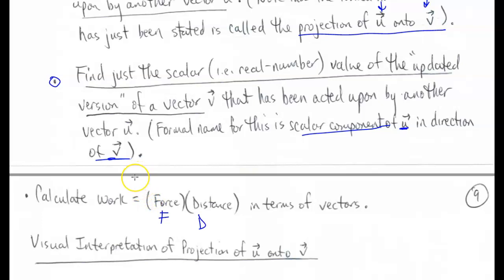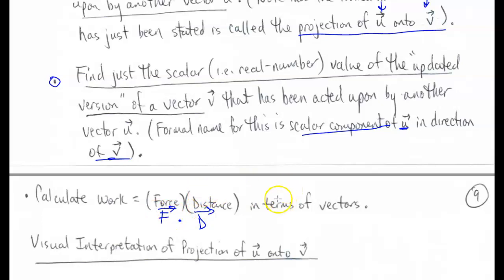And naturally speaking here, force is going to be a magnitude in some direction. So we could look at that as a vector. And of course, distance, if you're going a distance in a certain direction, you could look at that as a vector as well. So if you could express both your force and your distance as a vector, then you could calculate work in terms of vectors.